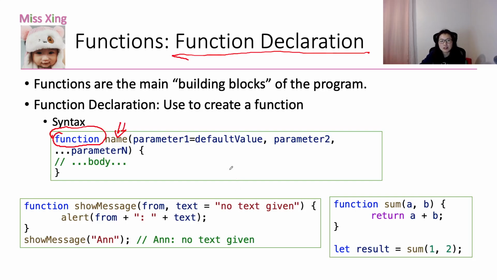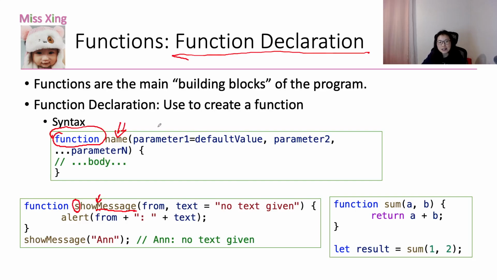And the name normally uses camel case: the first letter is lowercase, and for each word after that, the first letter is capitalized. That's by convention. You can use capitals if you want, okay.